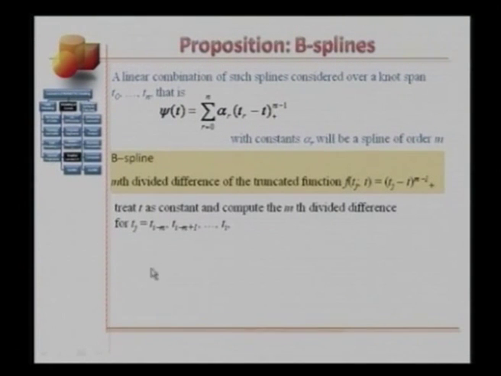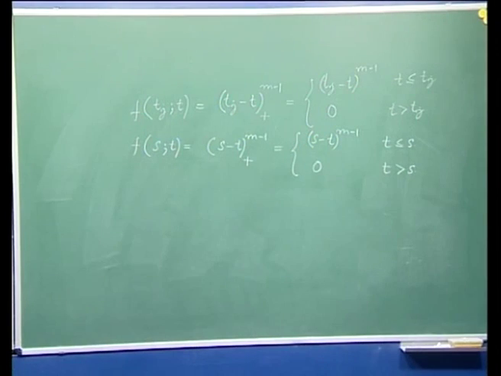The idea here is to treat t as constant or as parameter and compute the mth divided difference for tj going from t sub i minus m, t sub i minus m plus 1, t sub i minus m plus 2 up till ti. Let me explain this procedure using the generalized truncated power function.